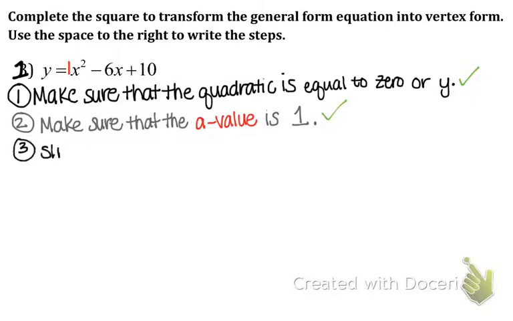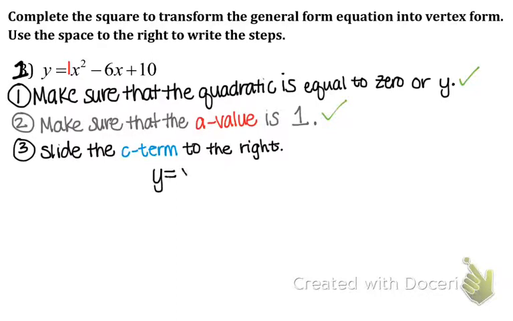Our third step is to take our c term and slide it to the right. So our c term in this quadratic is plus 10. So we are going to take plus 10 and move it over to the right.